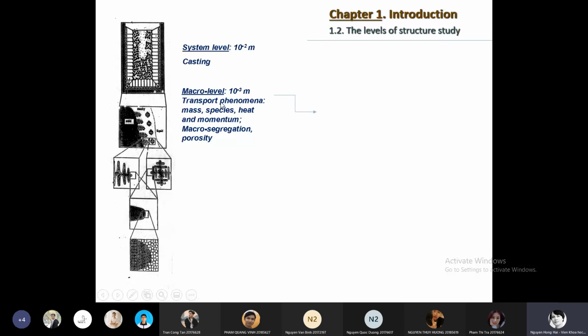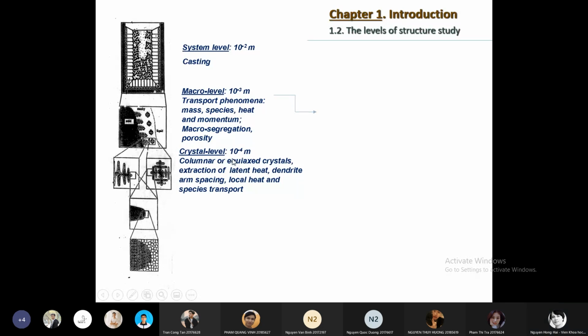So here we have the transport phenomena: mass, species, heat, and momentum. We have macrosegregation, porosity, and some defects related to the solidification processes. See? Yes, the macro level. We have the crystal level in the range of about 100 micrometers.